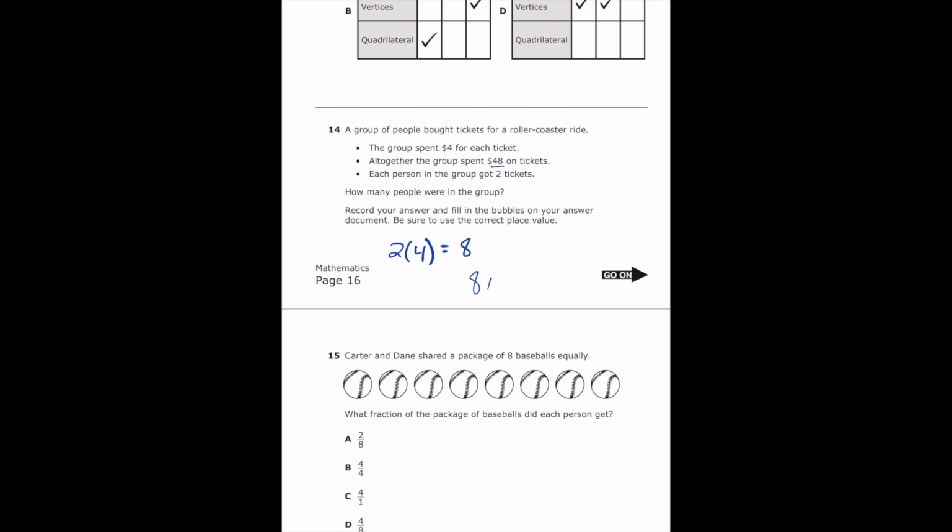So 8 times some number is equal to 48, okay? So if we just divide 48 by 8, we should get 6, and that makes sense because 8 times 6 is 48. So our correct answer for number 14 is going to be 6.